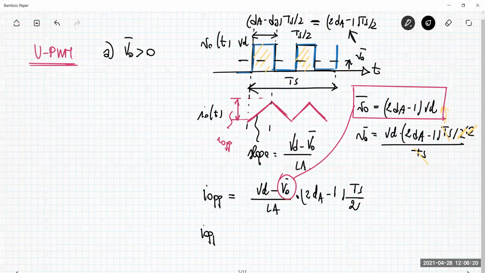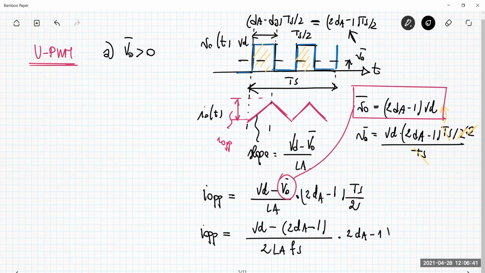I naught peak to peak is Vd minus 2 times da minus 1 Vd over La, 2 times fs, multiplying 2 times da minus 1.